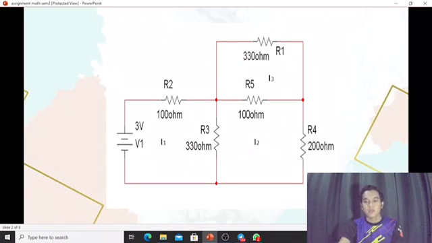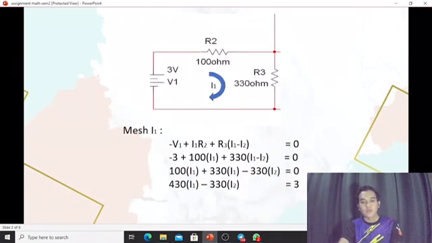So, in order to solve this problem, the circuit has been divided into 3 parts: I1, I2, and I3. To complete mesh I1, first we have to know the direction of the electric current.